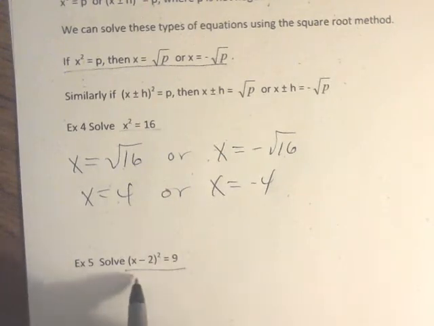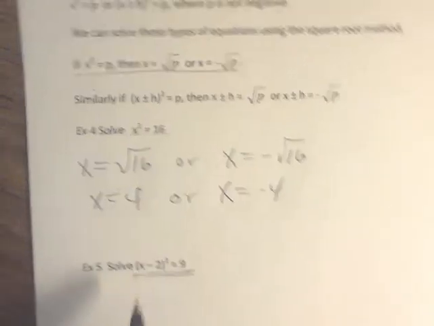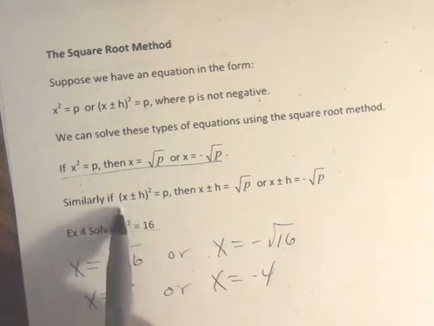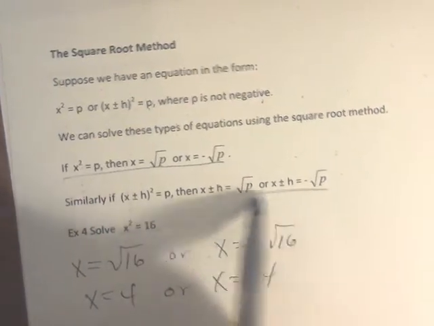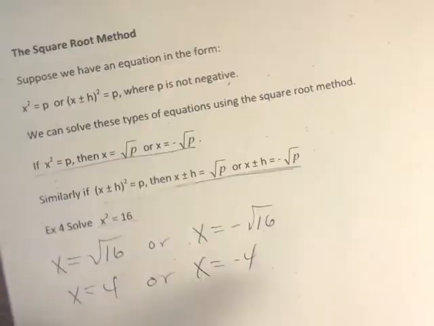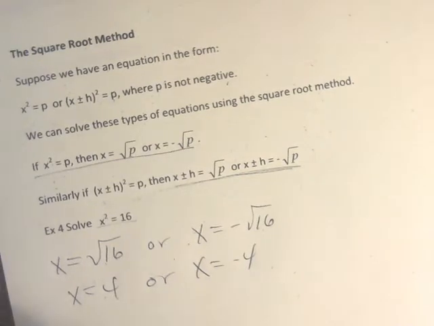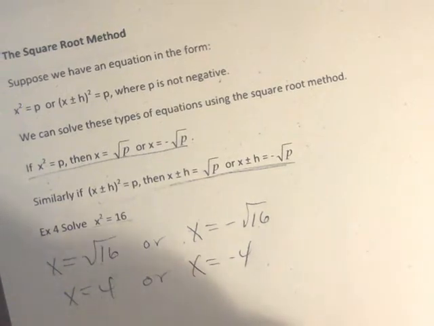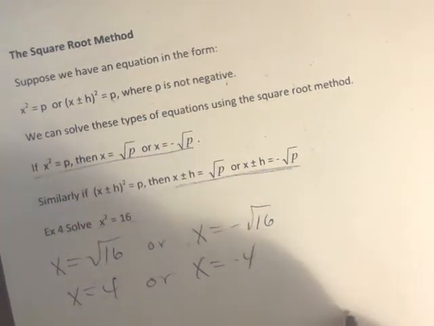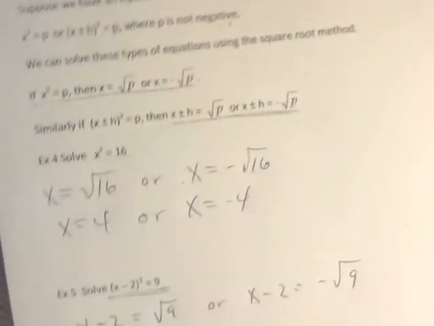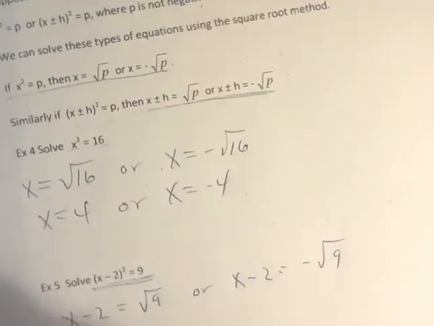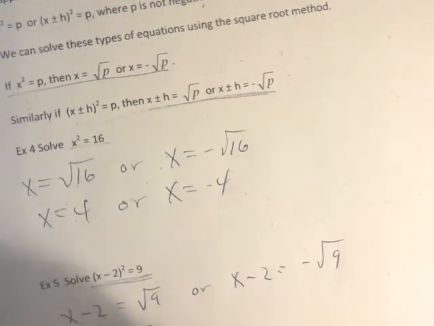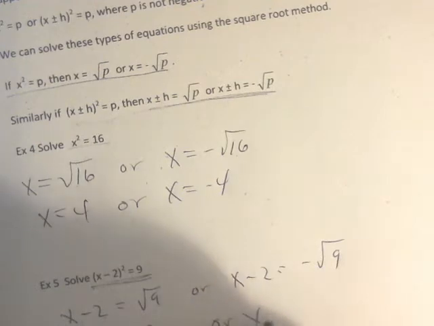So when we have a setup like this, we still apply the rule that's right here. So x minus 2 is the square root of 9, or x minus 2 is minus the square root of 9. Take the square root of the 9, because we still have to solve for x.